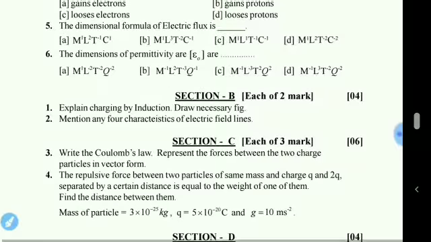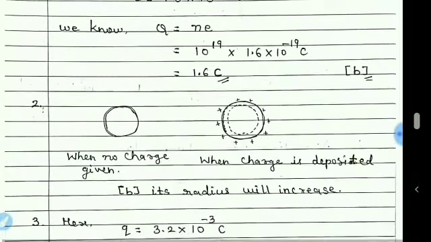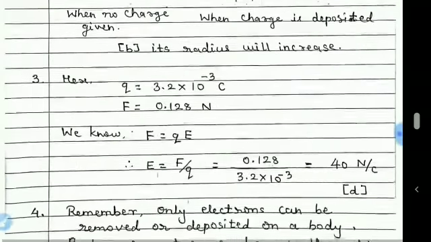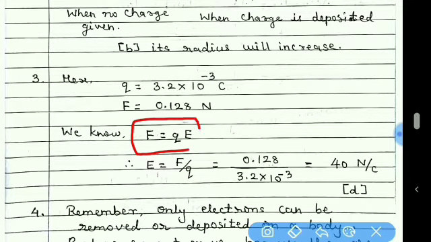So we will use a simple formula which relates electric field, charge and force. We know that force F is equal to Q into E. When a charged particle is placed in an electric field, force will act. So this is the simple formula.